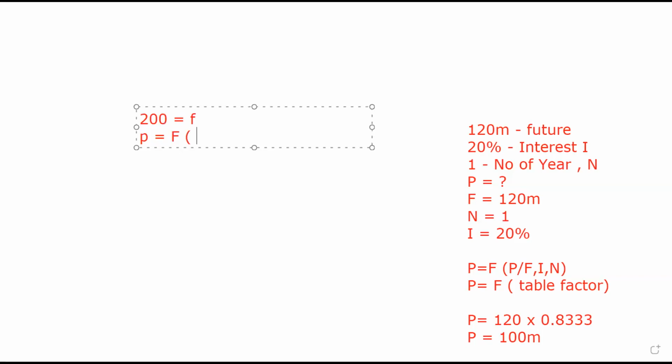That table factor will be find P, given F, at interest of 15% at 5 years.